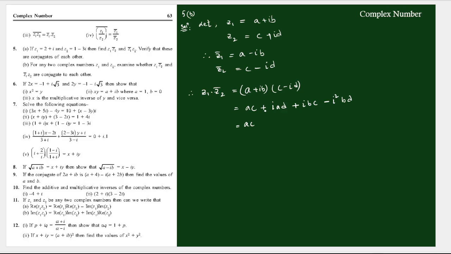Oh, this will not be positive, this will be negative. Then again these two will be positive. Okay, then we can take i common from these two. Then we get AD plus BC. If we take minus, then here will be minus.